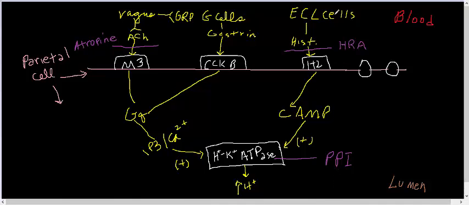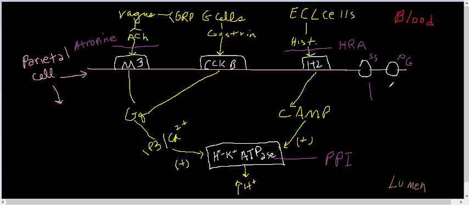Now, there are some other mechanisms of acid suppression within the body. There are agents such as somatostatin, which are produced by D cells, and there are other agents which can cause acid inhibition, such as prostaglandins.